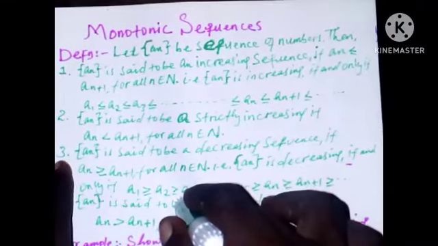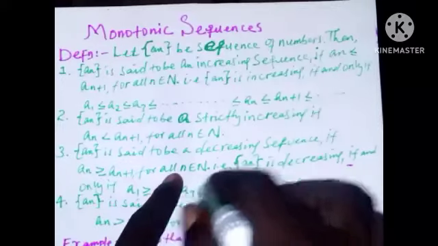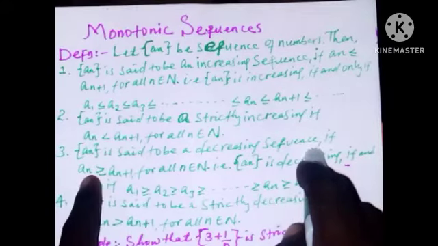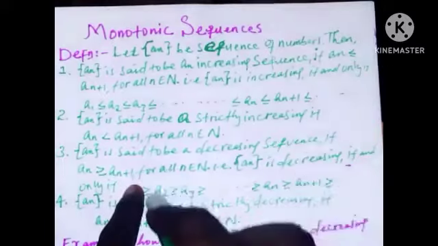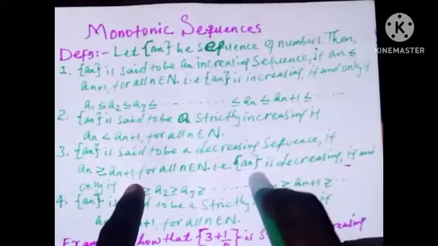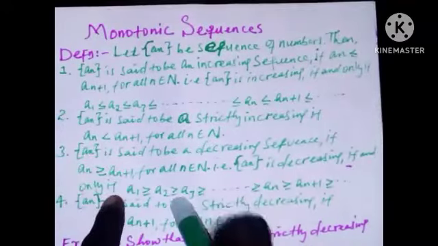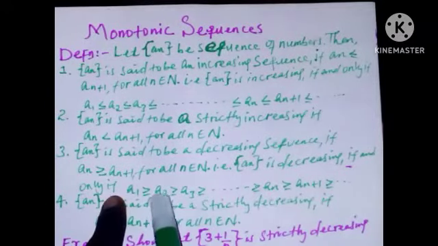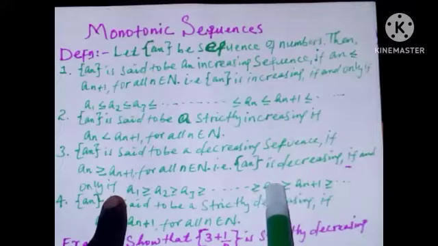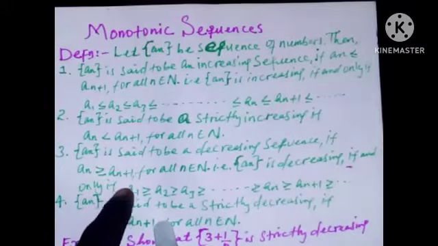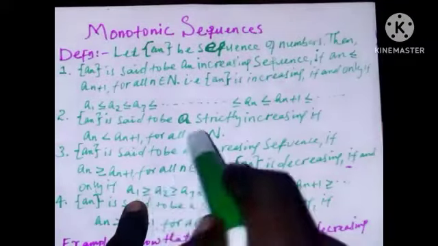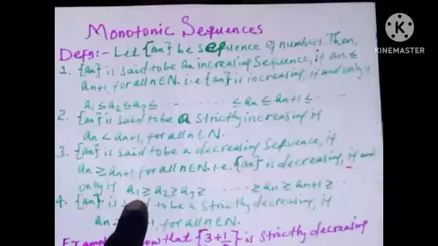Okay, the third one. a_n is said to be a decreasing sequence if a_n is greater than or equal to a_(n+1) for all n an element of the natural numbers. That means the sequence a_n is decreasing if and only if a_1 is greater than or equal to a_2, a_2 is greater than or equal to a_3, up to a_n greater than or equal to a_(n+1). This means that if the first term is greater than or equal to the second one, we say it is a decreasing sequence.